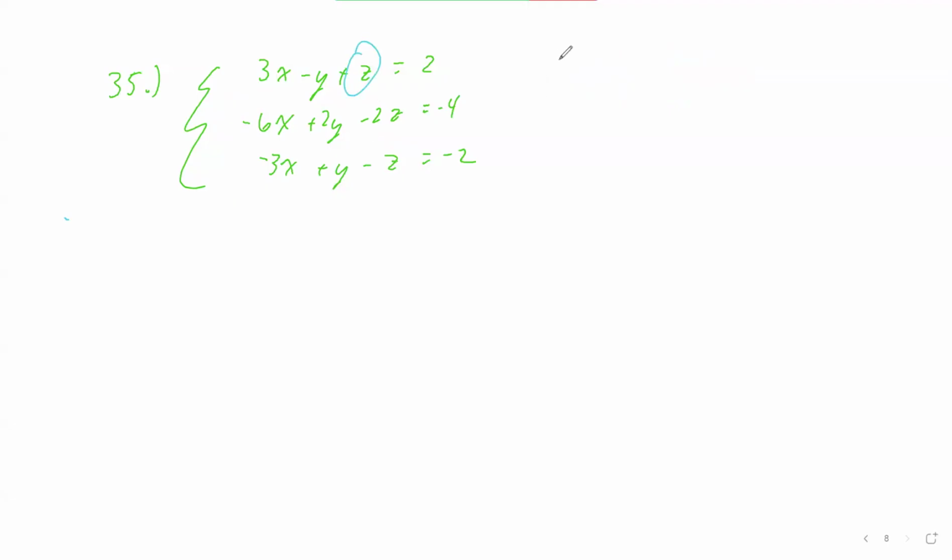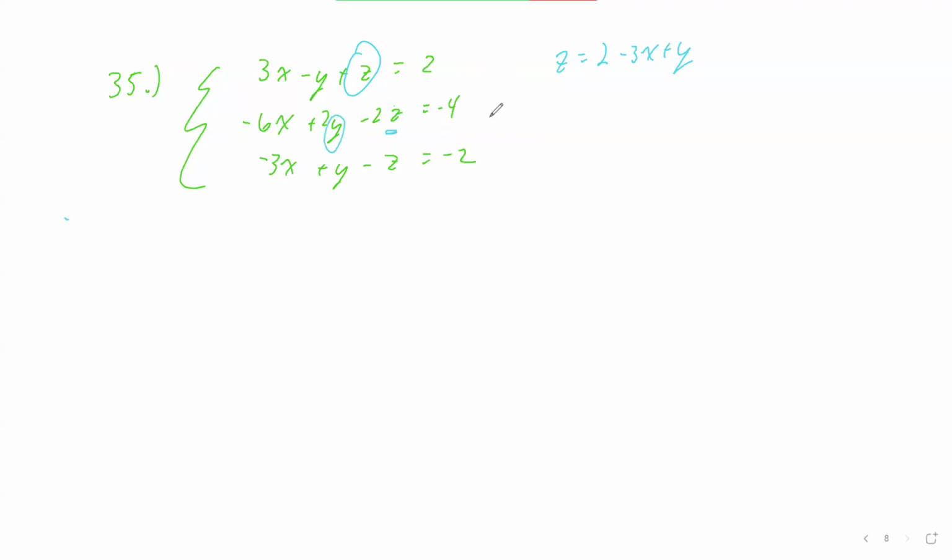So when I do that, I'm going to move everything over. So I get 2 minus 3x plus y. All I did was change all the signs and move them over. Now I'm going to plug it into this. And I think what I'll do is I'll then solve for y.